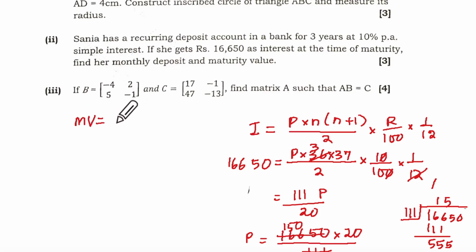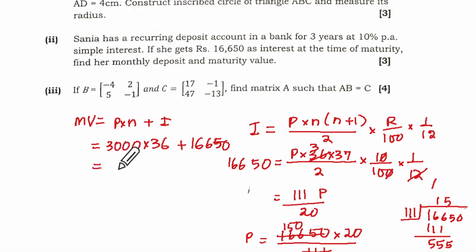MV will be equal to P into n plus I. So that will be P, which means 3000 multiplied by 36 plus 16650. 36 into 3000 is 108000. Understood how it is to be done? How are you with this and this?